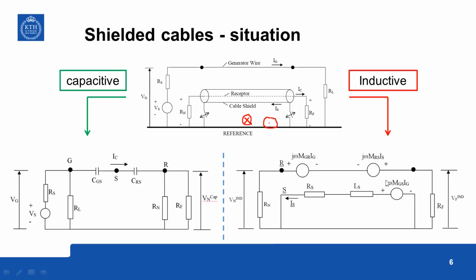the shield current. So you have two opposing sources in the receptor circuit, and immediately you can see that these opposing sources will reduce the general circulating current in the receptor circuit, and that is how the shield is working in reducing the noise voltages Vn and Vf.